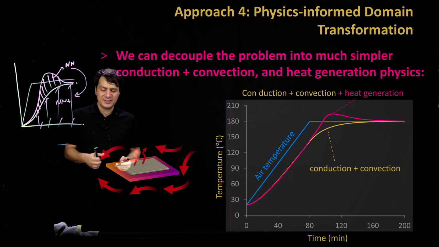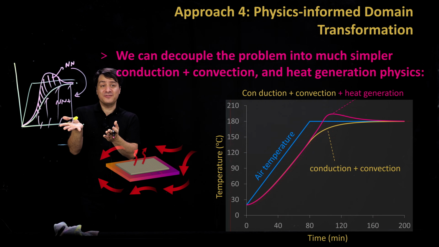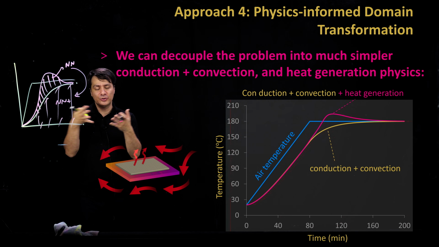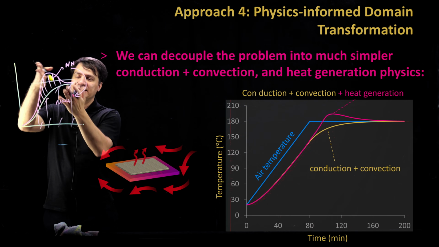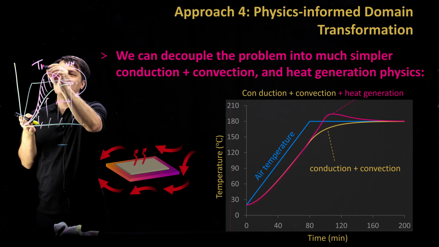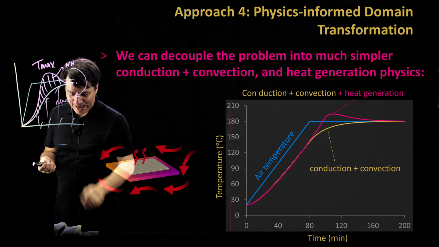So you split the physics in two parts. For one of them, you have some very good information, and you use that. Instead of predicting the actual Tmax, let's call this T lag.